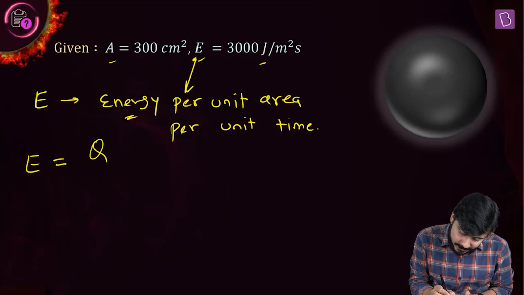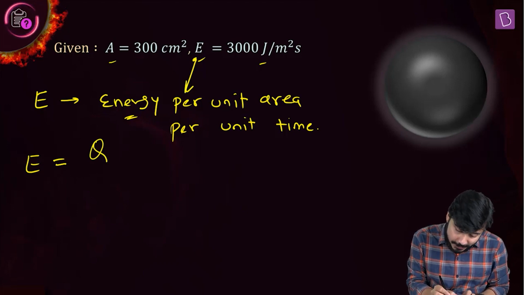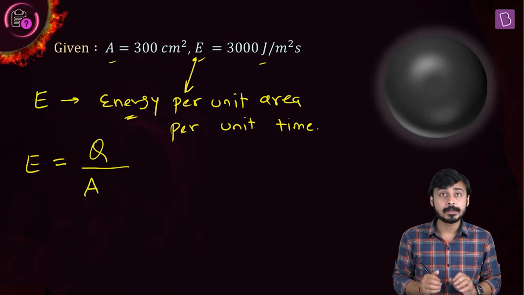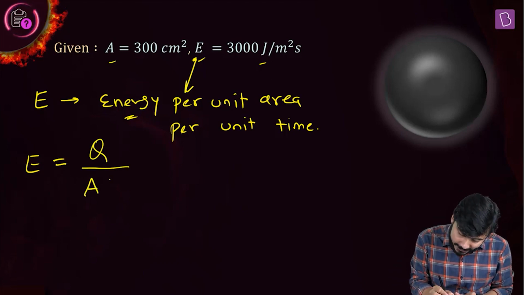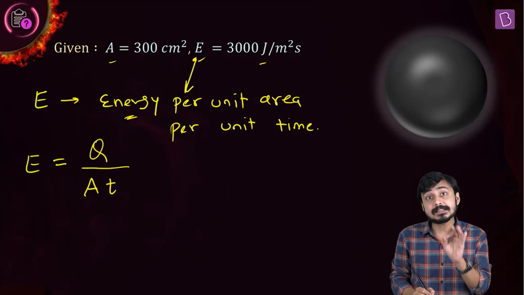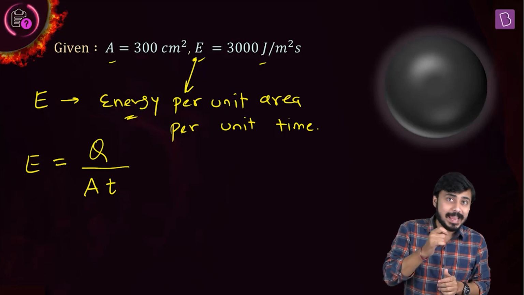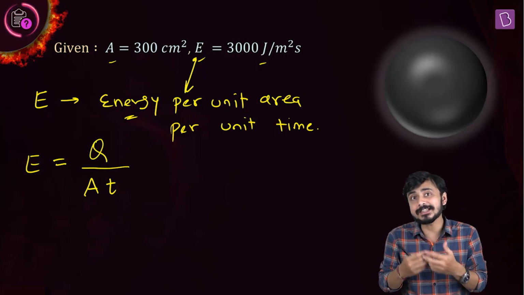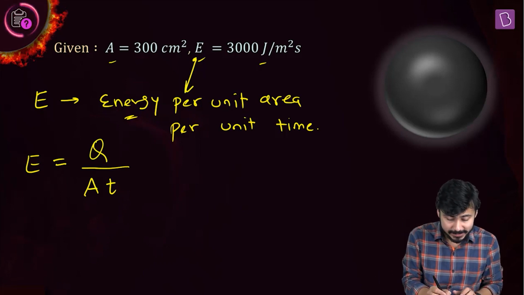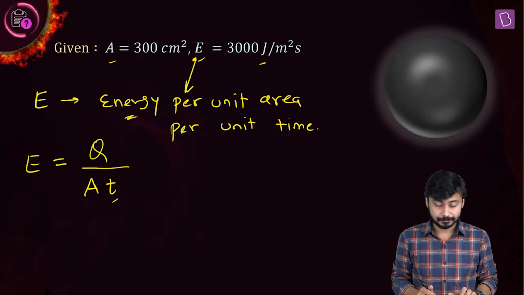So energy per unit area will be Q by A. Per unit time will be Q by AT, right? That is from the definition of emissive power. Emissive power is equal to total energy divided by total area multiplied by time, right?